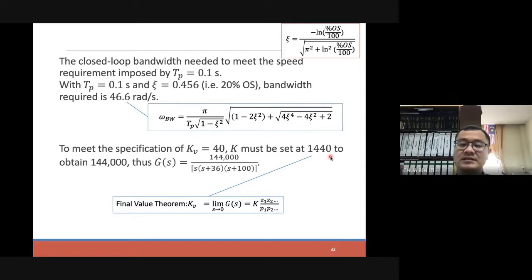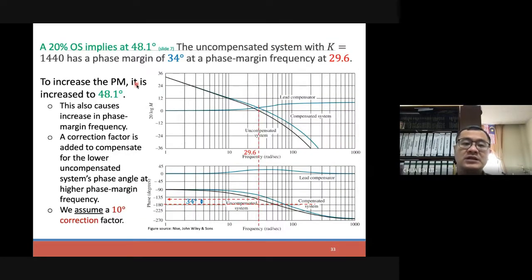Now, from the uncompensated 1440 originally, the phase margin is 39. To find the phase margin, you just have to check when this is 0, what is the difference in phase. So the phase margin is 34 at the frequency of 39.6, which is about 30 radian per second.